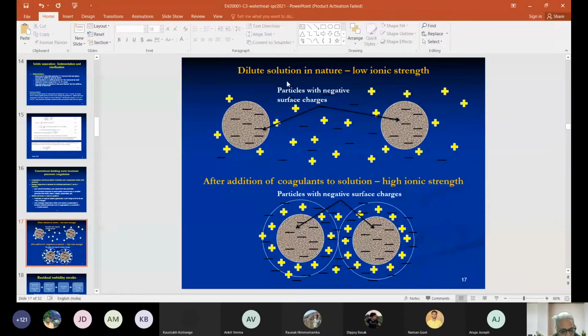You have dissolved compounds and you have particles. Both of them coexist. Okay, and we are dealing with particles. So dilute solution is the right word, because we are dealing with ionic strength. And when we talk about cations and anions, we're dealing with solution, because it's not applicable to particles, it's applicable to the other ions in solution.